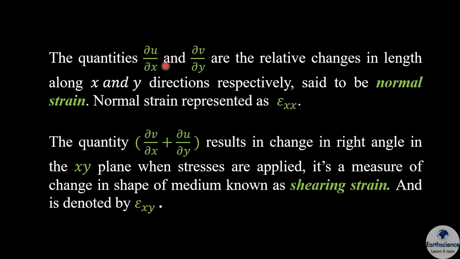And the quantity dv by dx plus du by dy results in the change in the right angle in the xy plane. When the stresses are applied, it is a measure of the change in the shape of the medium and is known as the shearing strain, denoted by epsilon xy, while the normal strains are denoted by epsilon xx or epsilon yy.